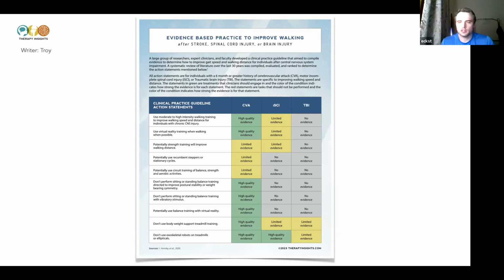Yeah. Did they have anything about, so they said don't use body weight support treadmill training, did they have anything about those gait trainers, like the Grillo or the Rifton Drifter or whatever, where it's kind of like an external supportive device that they're powering as they walk? Tell me more about what it is exactly. It's kind of like a standing frame with a seat that gives them some support.